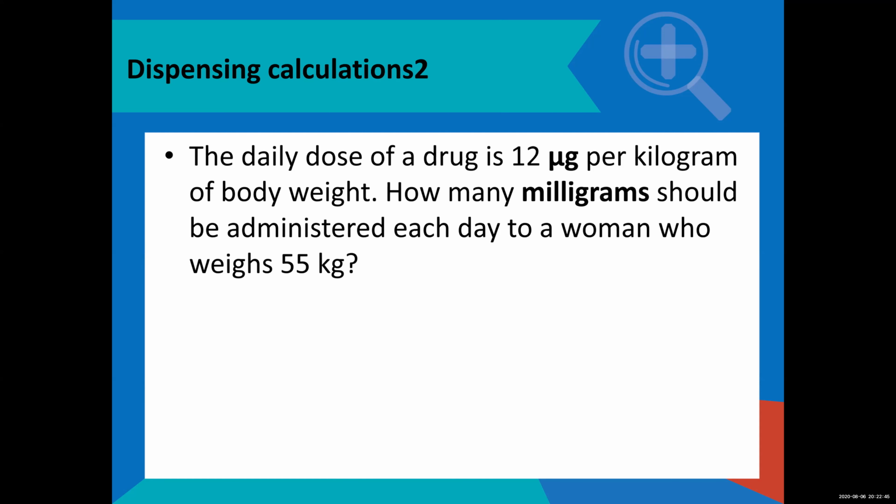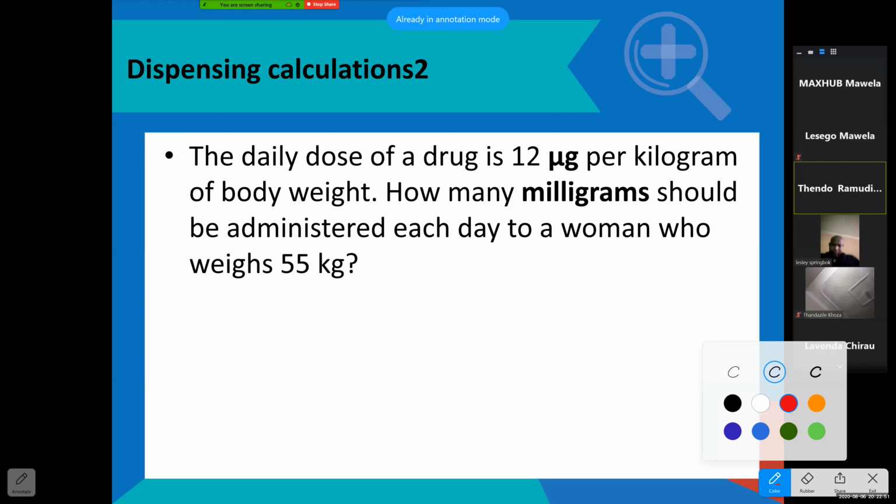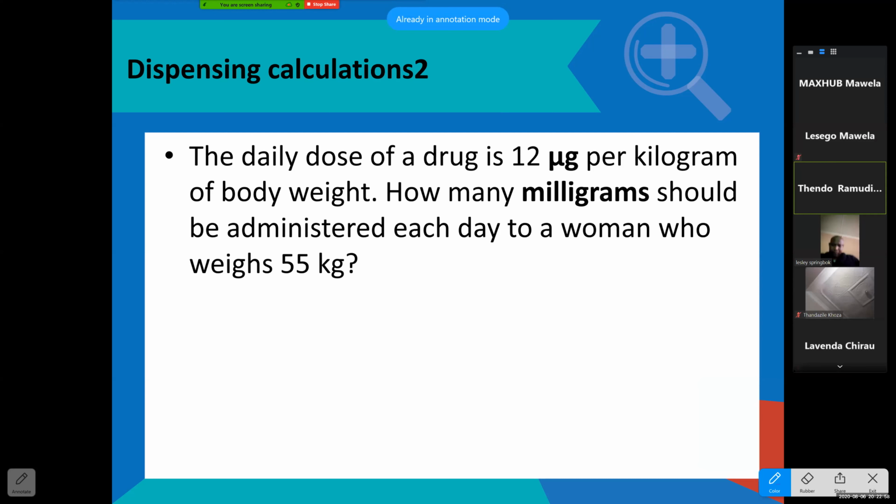There are a number of issues that we need to try and resolve. The first problem we have is that the dosing, from when you read about the drug in the package insert, they've given us the answer in micrograms. You see that? Micrograms. The question says, how many milligrams?